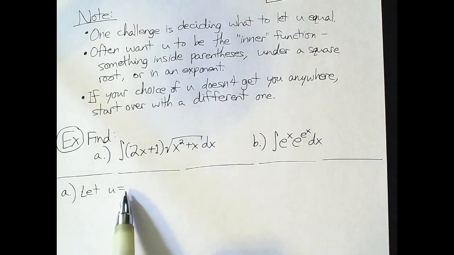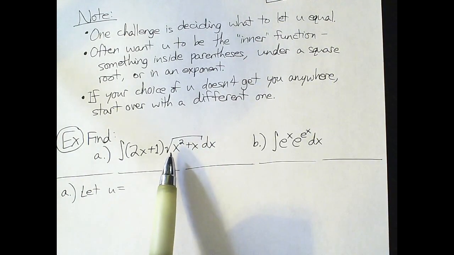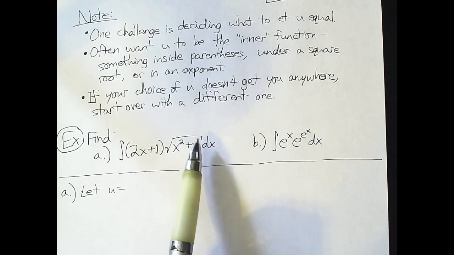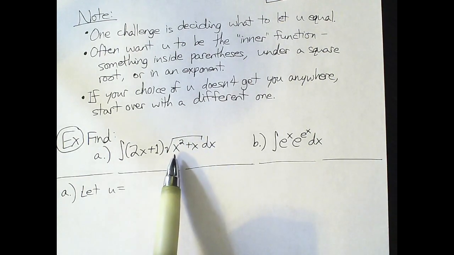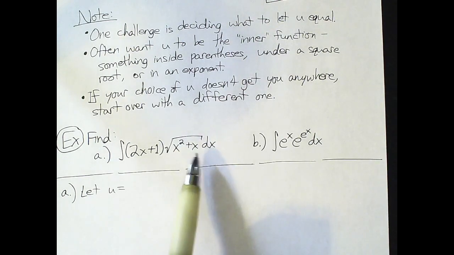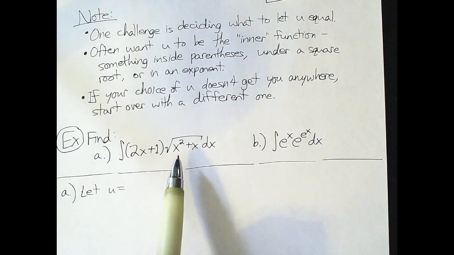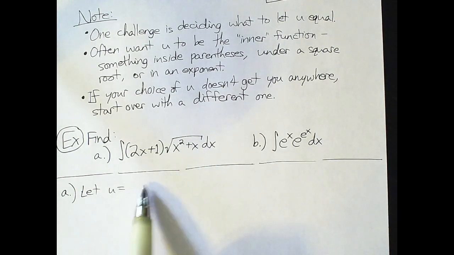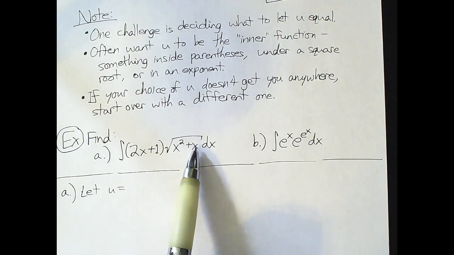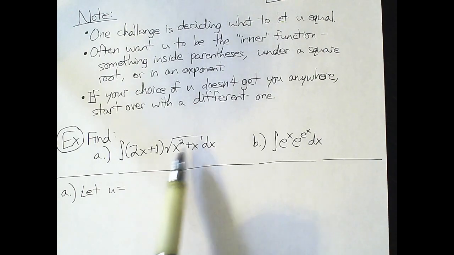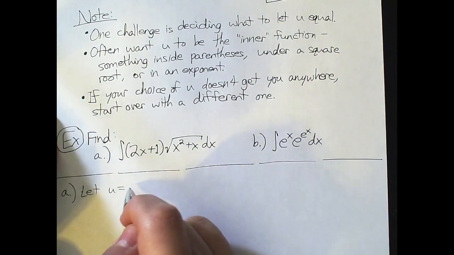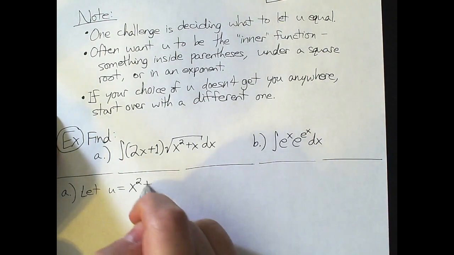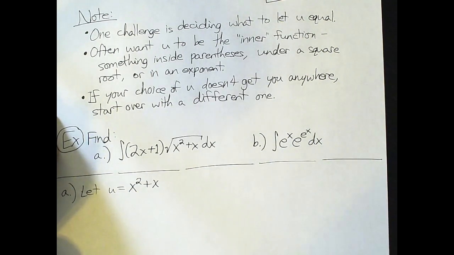So let's put that on hold for a second, and let's imagine, what if we let u equal the part that's under the square root symbol, not including the square root, just the stuff that's under the square root, x squared plus x. If that's u, then du is going to be 2x plus 1 dx. That's going to work out great. So let's do that. Let's let u equal this.